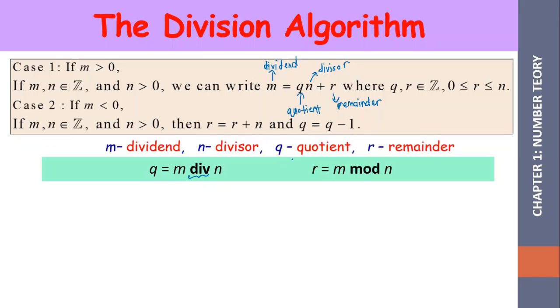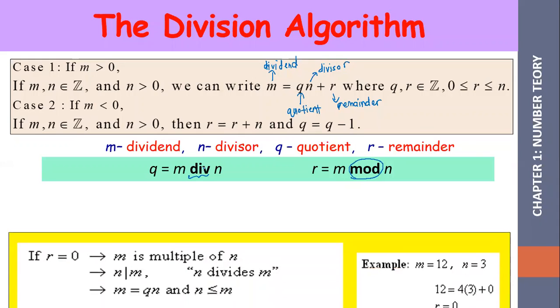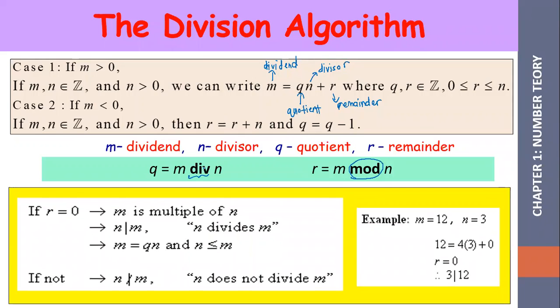Okay, you have to memorize these two: q is equal to m div n, and r is equal to m mod n. The difference is here. Okay, so let's see the example.